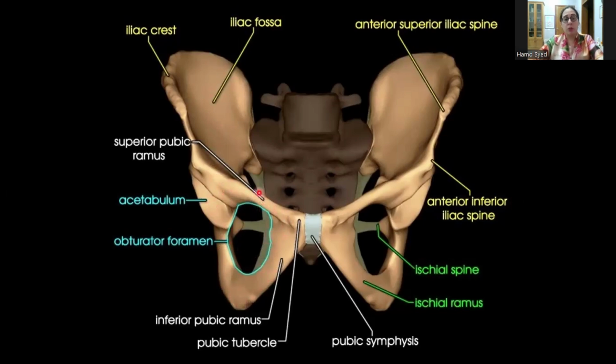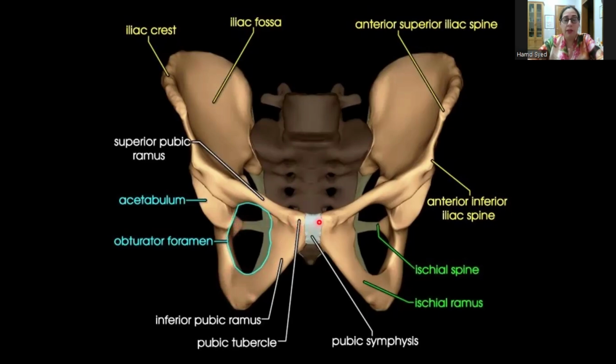And if we look at the pubis, we have a superior pubic ramus and the inferior pubic ramus. And the superior pubic ramus, medially, it is elevated in the form of a pubic tubercle. Whereas this is the lower part, the ischial tuberosity. I already mentioned to you that we sit on our ischial tuberosity, and on the medial aspect, it is pointed, and this portion is known as the ischial spine.